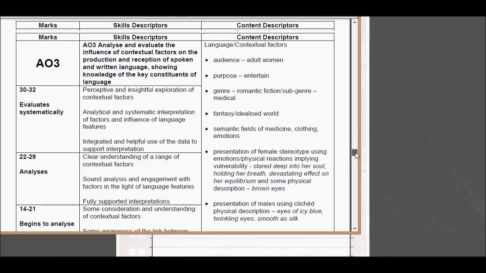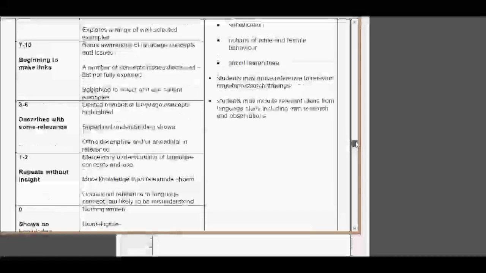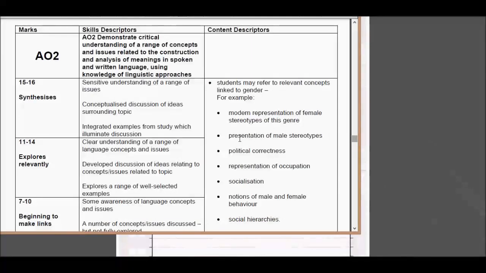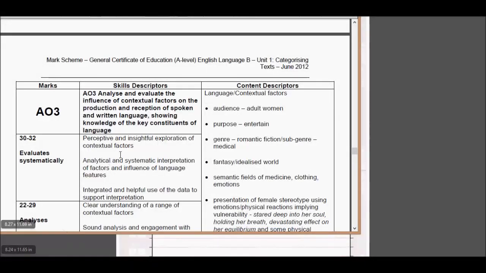So we can see that if we go to the top of the mark scheme, it fully meets the points. The sensitive understanding of a range of issues, conceptualised discussion of ideas surrounding the topic, integrated examples from study which illuminate discussion, and for AO3, it really exemplifies a perceptive and insightful exploration of contextual factors, and there's a lot of kind of original thinking in this script.